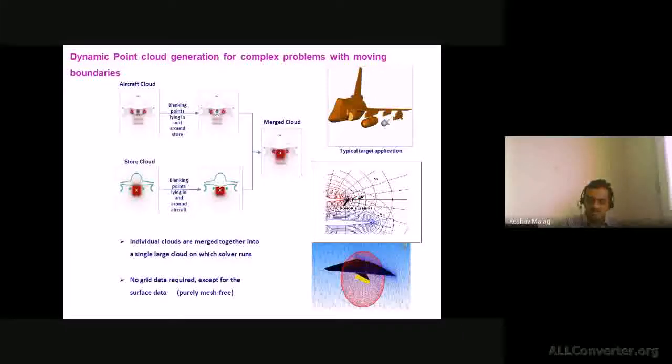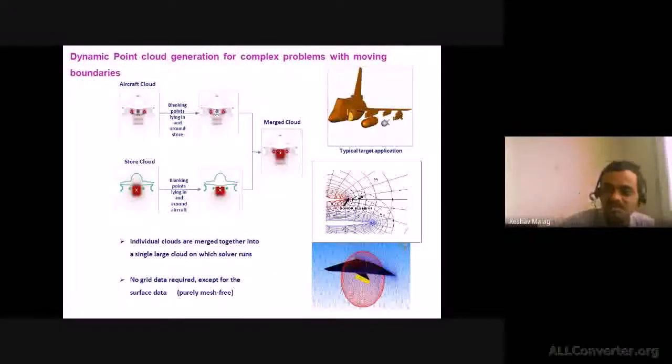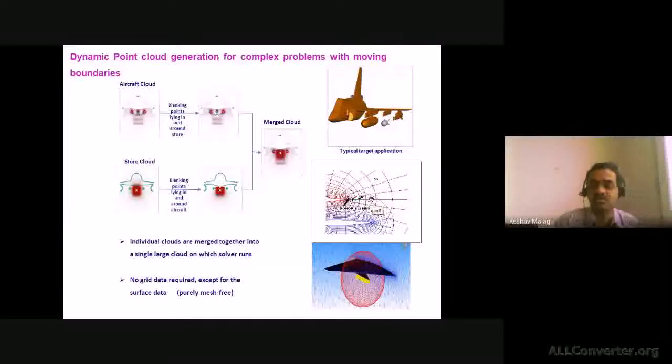Typically, this is what is used in chimera-based finite volume methods. You will have two kinds of grids, one grid which moves with the moving body, the other stationary, and these two grids are overlapping. Now you have to worry about, at any given point P, if you want to know the solution, what is the overlap with the other mesh, and then there has to be solution interchange between these two overlapping meshes corresponding to their ratios.